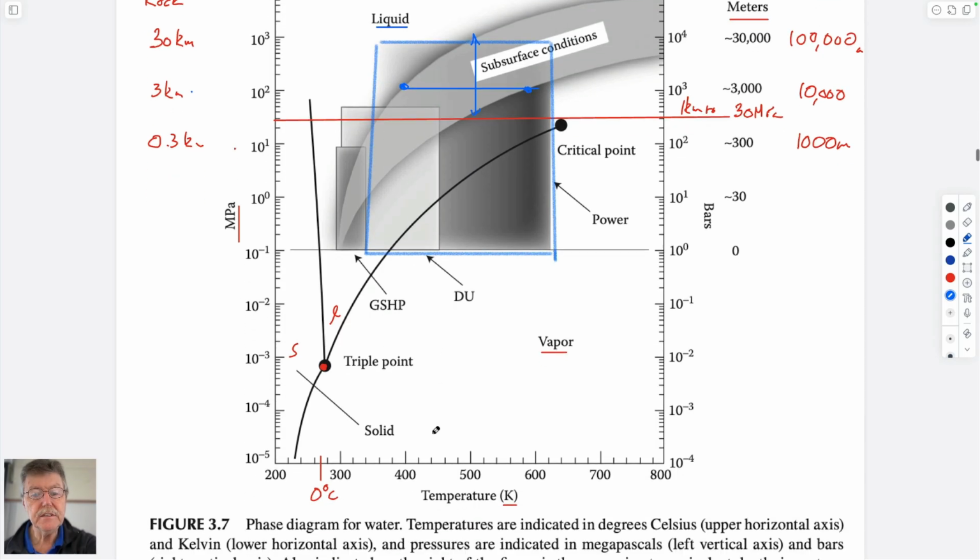So all of this is in degrees Kelvin. So boiling in degrees Kelvin is 375 or 373. So this is the boiling point. If you want to be able to generate electricity, you like to be able to flash to steam because it's the phase change we use in a turbine to do that.